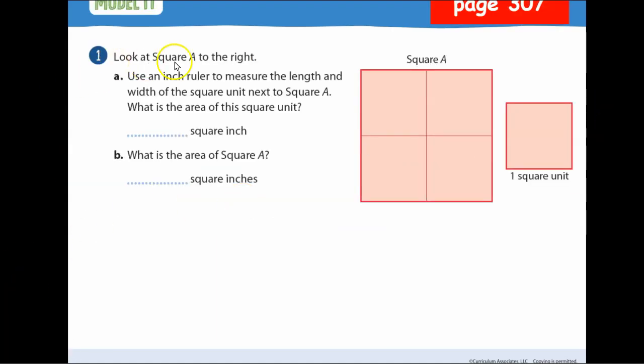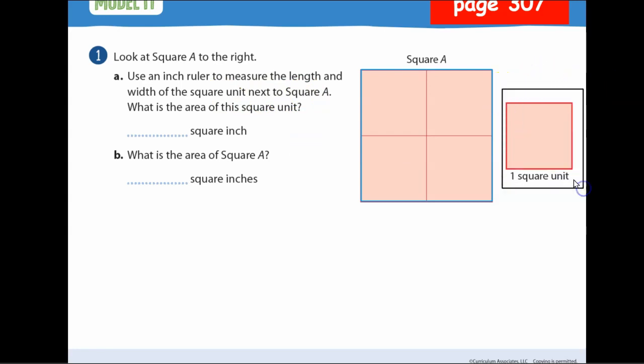All right. It says, look at square A on the right. Right here. Square A on the right. Use an inch ruler to measure the length and width of the square unit next to square A. So measure this one right here.